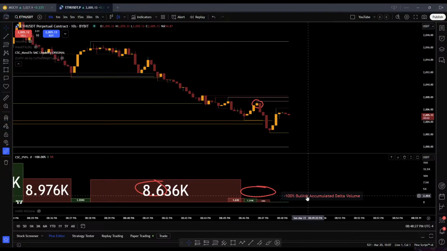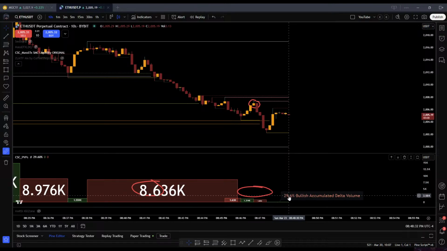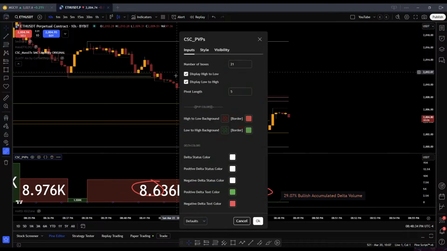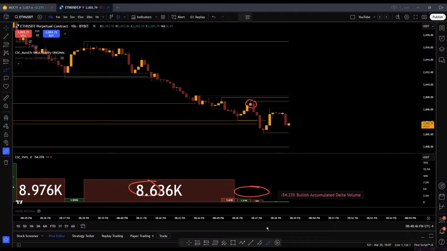So the current label can stay there, telling you what's currently happening, right? And maybe if I created an input that told you, let's say it says number of boxes. Let's say there was another one that says number of candles to show delta, right? Number of candles for delta. What it would do is it would take not the current candle, but the previous one, plus the number of candles that you want.